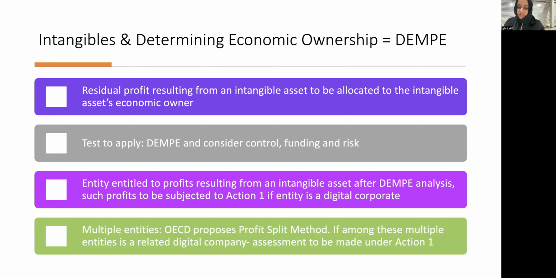Such a DEMPE analysis should be prepared on a case-by-case basis and should be substantiated by objective documents such as annual reports, board meeting notes, and any other internal documents that could provide further substantiation. Now, after having performed a DEMPE analysis, it can then be determined which entity is entitled to the profits resulting from an intangible asset.